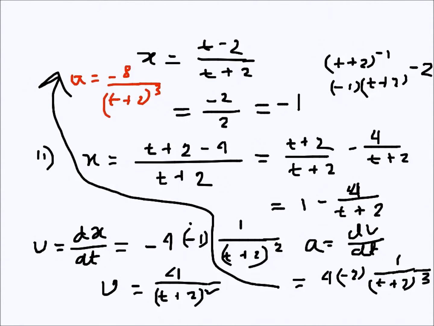So the question is, is the particle ever at rest? So I will just go back and erase this, and v is equal to 4 over (t plus 2) squared. Whenever it says is the particle ever at rest, that means when the velocity becomes 0.